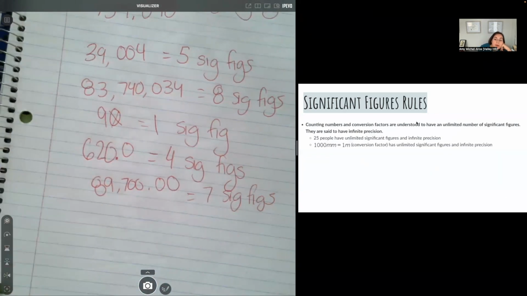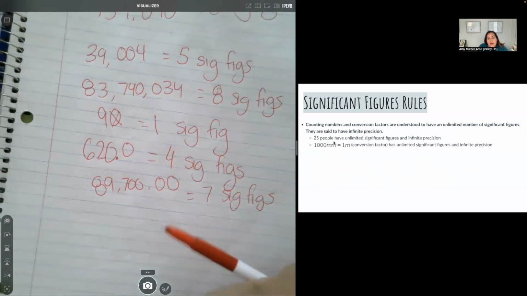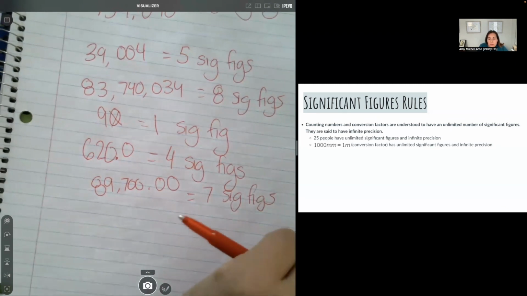Last rule about counting numbers and conversion factors. In lesson 3, we're going to talk a lot about conversion factors. They're just relating one measurement to another, like 1,000 millimeters equals 1 meter. This has unlimited significant figures and infinite precision because they are exact relations, and 25 people, like any counting numbers where you count the exact amount of something and don't take a measurement, these have unlimited significant figures and infinite precision because they are exact, right?